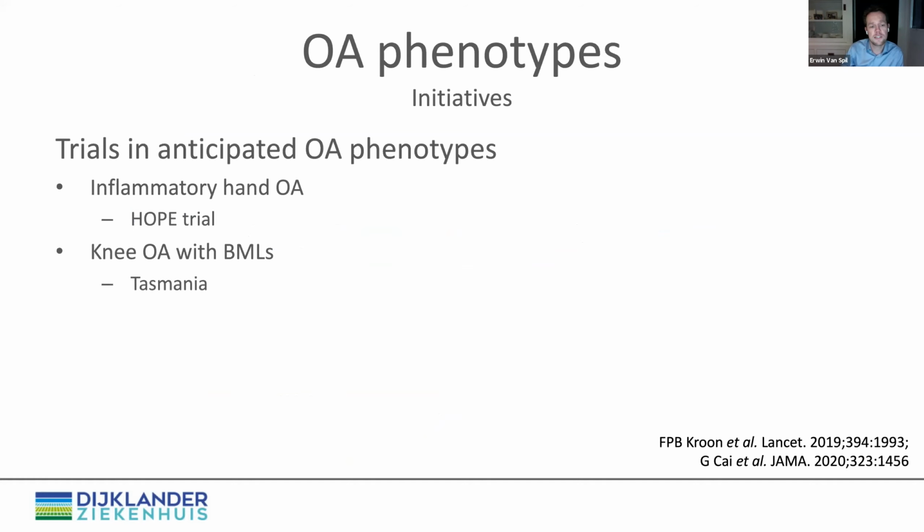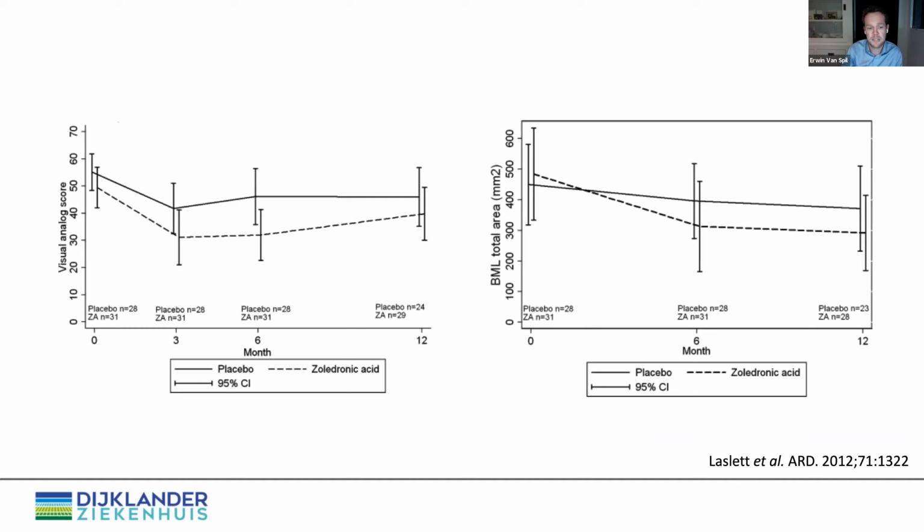Another example is the bone phenotype, let's say. Lots of attention has been raised by a landmark study by Laura Laslett and colleagues from Tasmania, showing that in knee OA patients in the presence of bone marrow lesions on MRI, zoledronic acid, a single gift, so an anti-osteoporosis drug, was able to reduce the size of the BML in these patients, and with that also reduce pain in these patients.